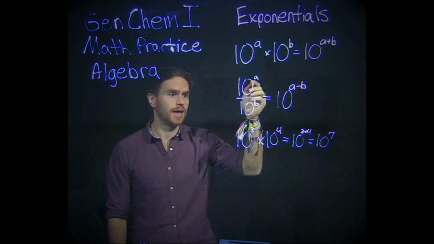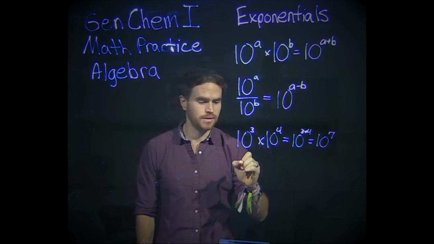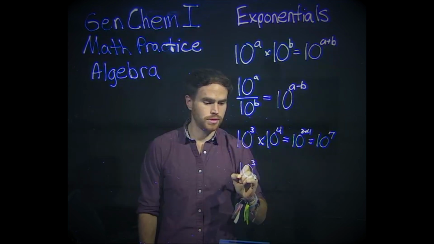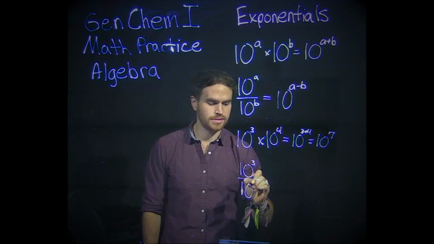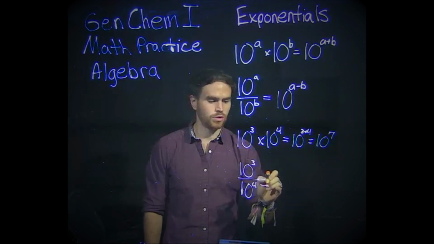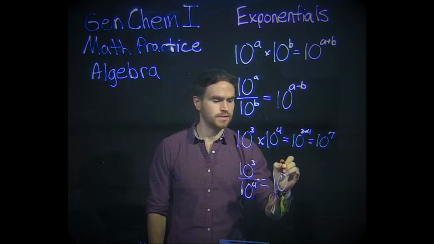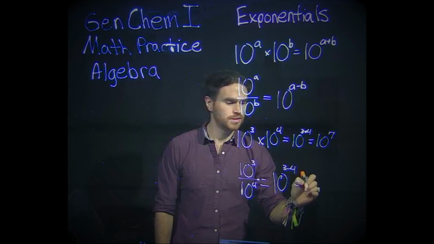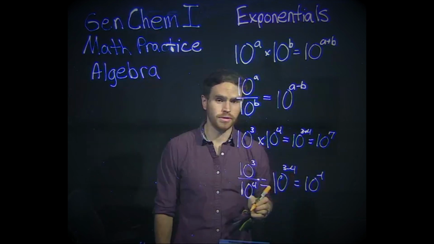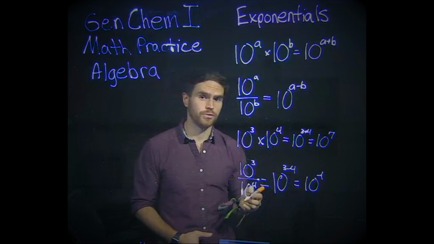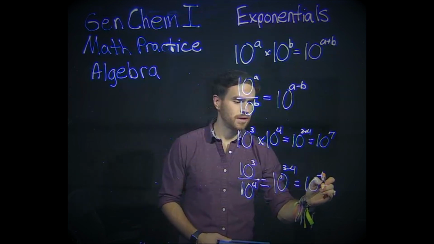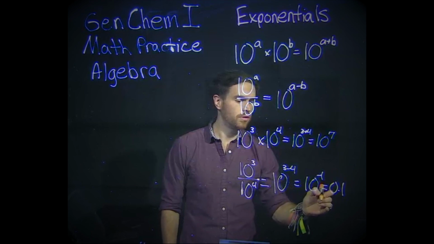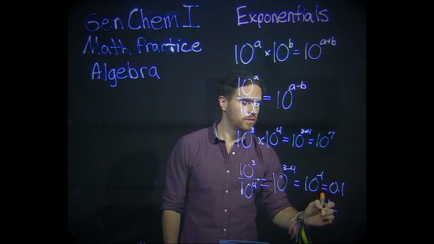And 10 to the 3 divided by 10 to the 4 works out to be 10 to the 3 minus 4, which is 10 to the negative 1, which we know from our review on exponentials is the same thing as writing 0.1 or 1 over 10.